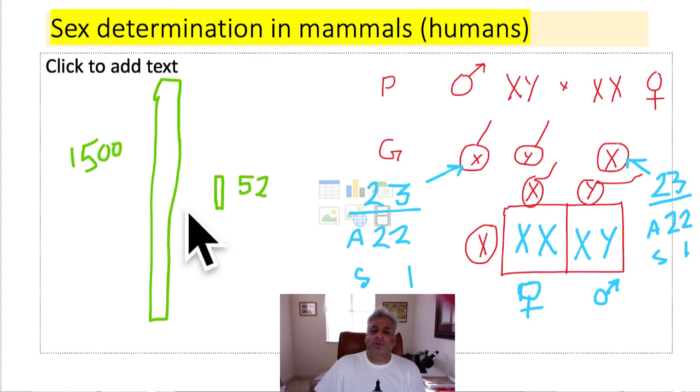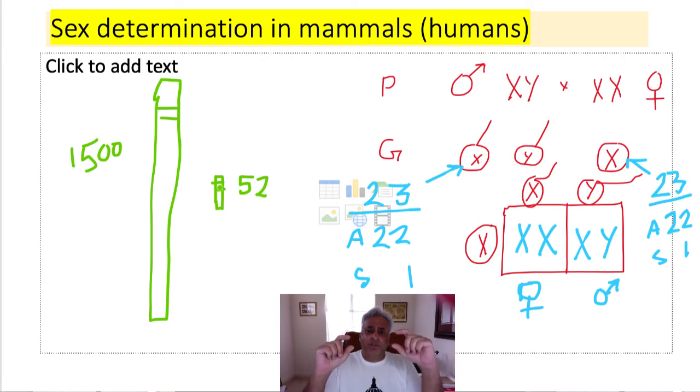So you can see the two chromosomes don't even carry the same number of genes, nor are they the same size. But as you learn later on, there are regions here that will match up with regions here. Just small areas of the two chromosomes, which are completely different, have large stretches of DNA that match each other.